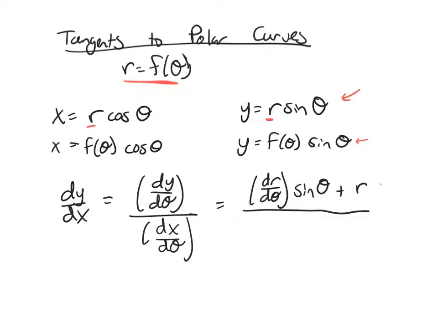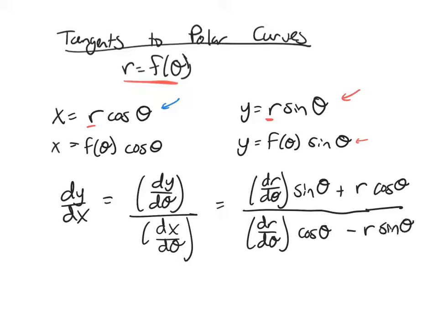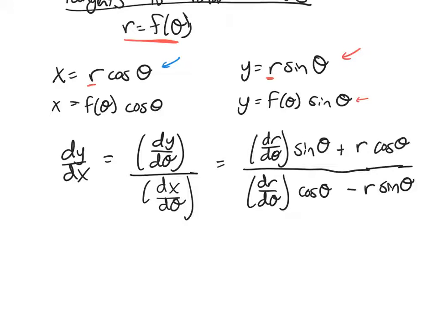The derivative of sine is cosine. And now you're going to repeat that for our x equation. So you'll have dr/d theta cosine theta, and then r, the derivative of cosine is a minus sine. So this is the formula for the derivative right here.